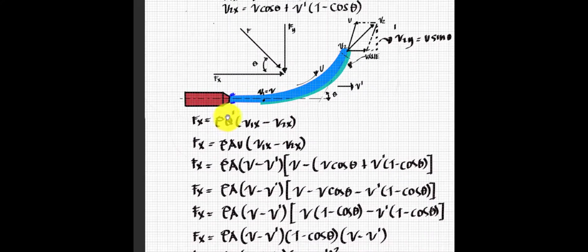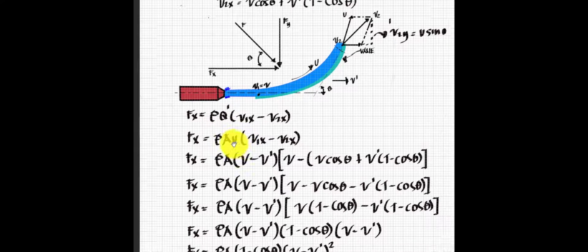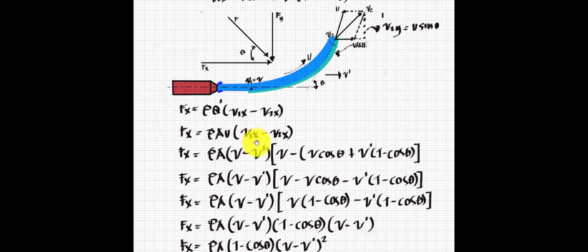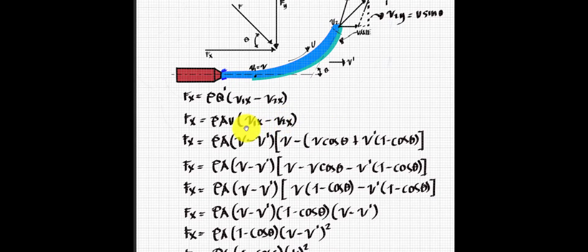So again, as before, we have this one. We have the volume flow rate deflected by the vane. So we have the cross-sectional area multiplied by the relative velocity of the vane, multiplied by the velocity at the x-axis, the x component, minus the velocity at point 2 leaving the vane, at the x component.